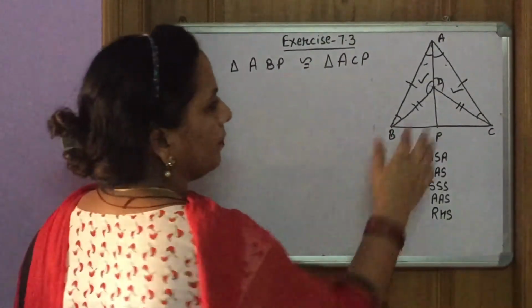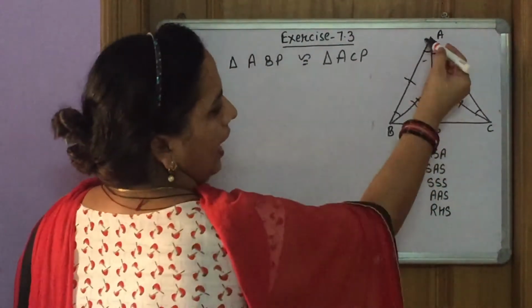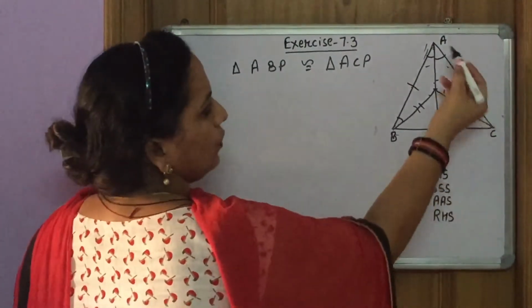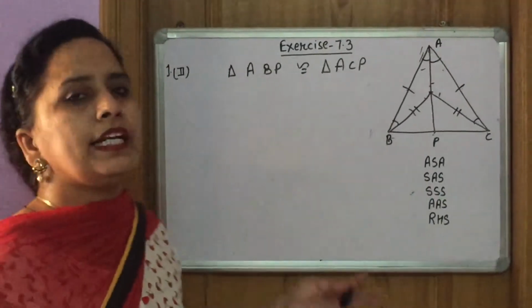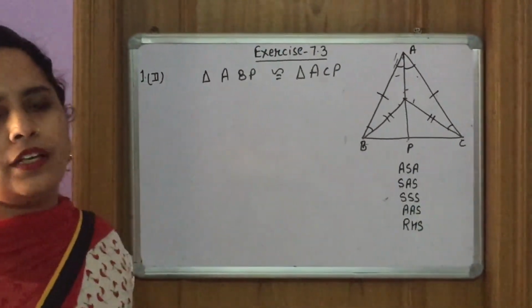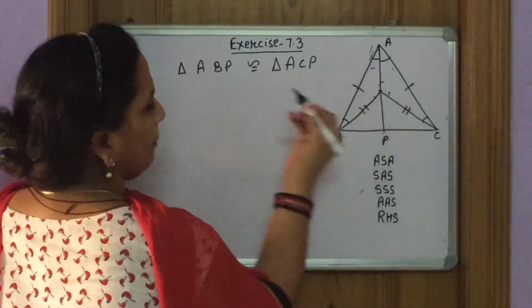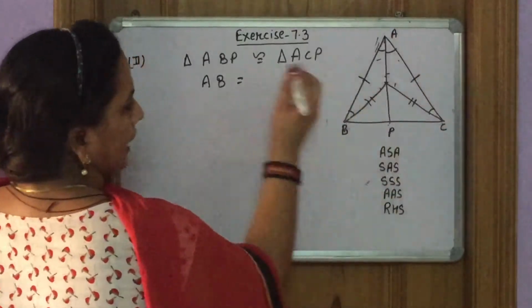That means this complete half triangle, triangle ABP, is congruent to ACP. Now again find out 3 terms in these two triangles which are equal. First of all we can say the side AP. AB is equal to AC.